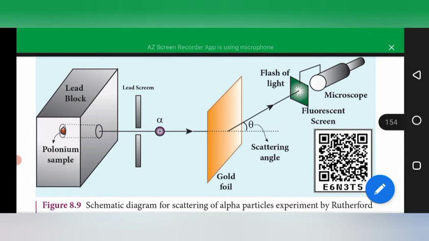Some of the alpha particles were deflected through a small angle, and a few particles were deflected through a larger angle, more than 90 degrees. So this is the observation of this experiment.